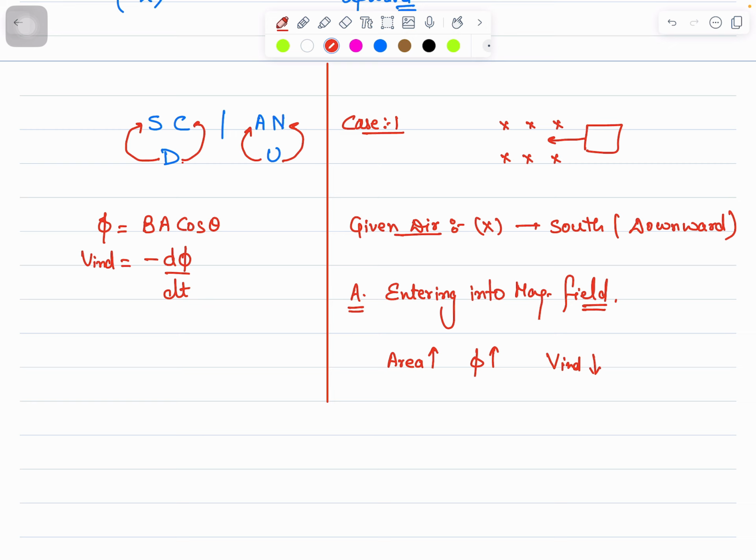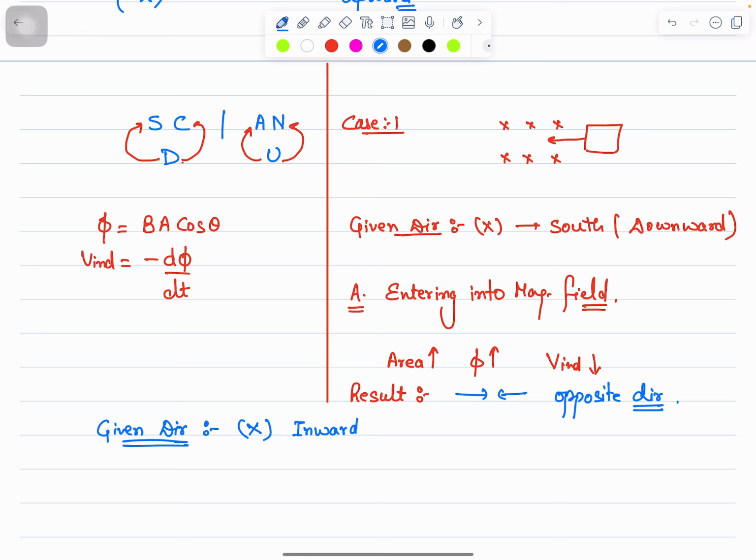The result should be the opposite direction. If one is like this, the other should be like this. Opposite direction, yes or no? Now first understand the given direction. What is your given direction? The given direction is cross, which means inward.